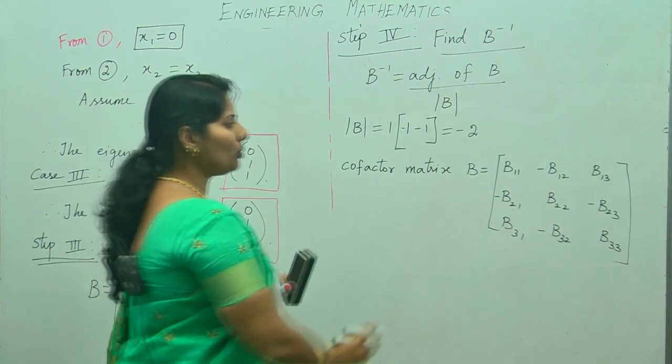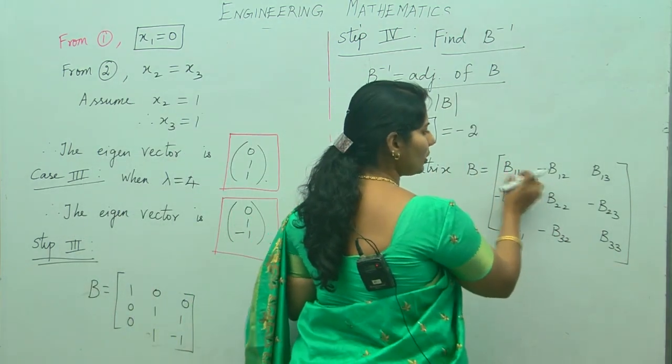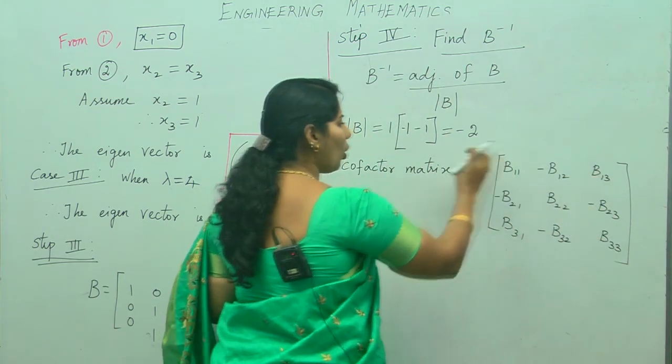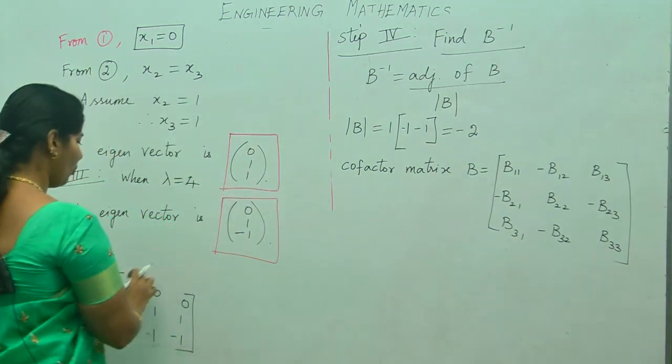So, I will show you some examples, how to find out B11 and B12 and so on. The minor of each element, that is the cofactor matrix.